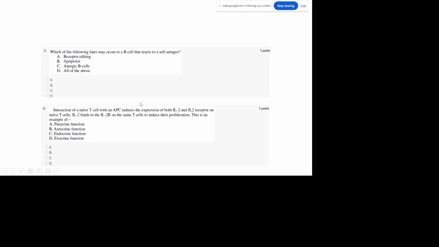Interaction of the naive T cell with APC induces expression of both IL-2 and IL-2 receptor on the naive T cell. IL-2 binds with the IL-2R on the same T cell to induce its proliferation. This is an example of paracrine, autocrine, endocrine, or exocrine reaction?